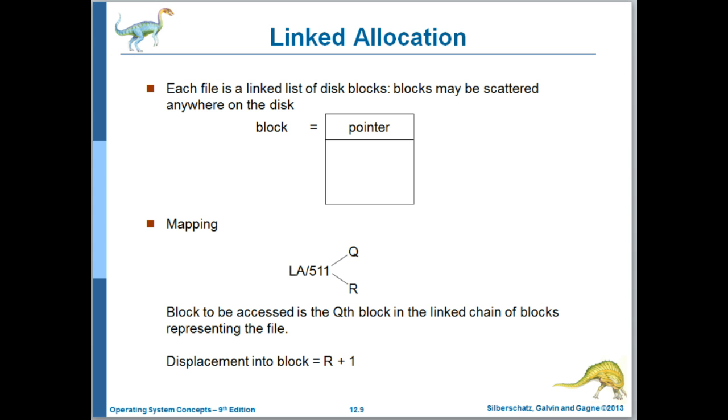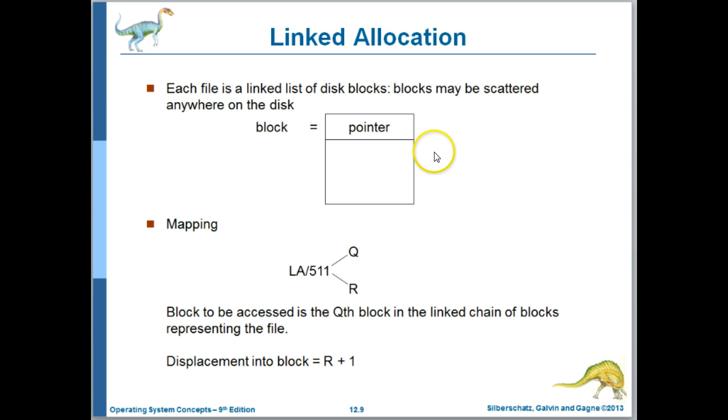So in this example, we're assuming that the block pointer for linked allocation is 1 byte long. That's kind of on the short side. That of course implies that we can only have 256 blocks, but it works. I mean, in reality, you would allocate more bytes for the pointer.